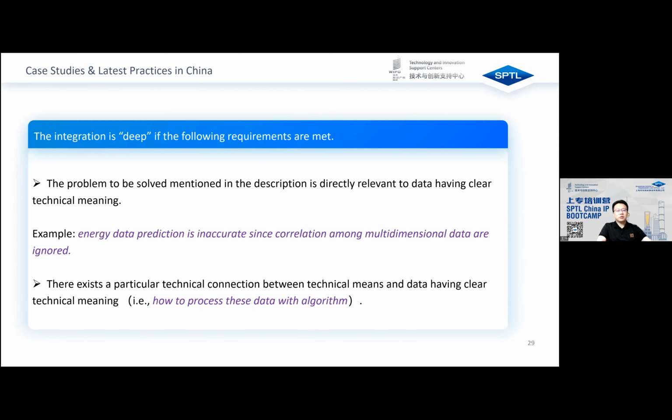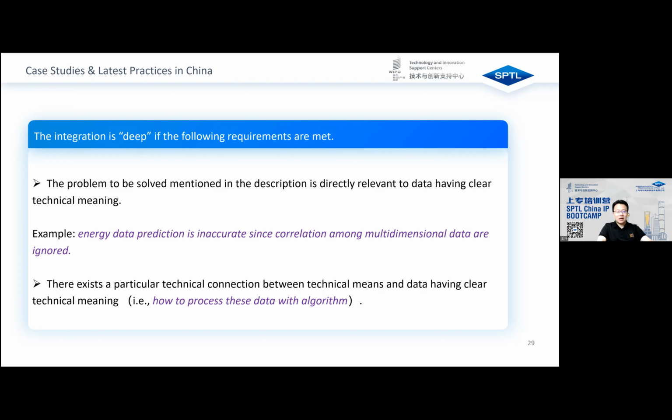If the following requirements are met, the integration can be considered deep. As the first requirement, the problem to be solved mentioned in the description is directly relevant to data having definite technical meaning. For example, energy data prediction is inaccurate since correlation among multi-dimension data is ignored.